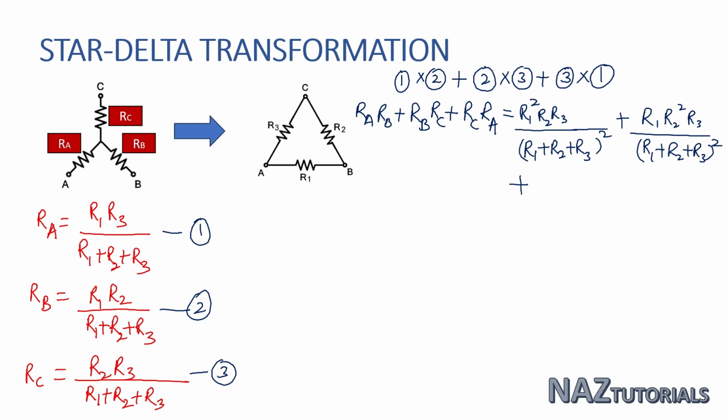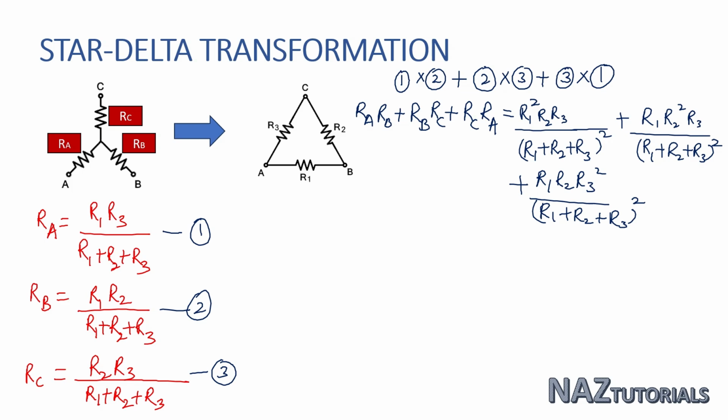Now let's see the value of 3 into 1. If you see 3 into 1, you will get R1 R2 R3 square divided by (R1 plus R2 plus R3) whole square.